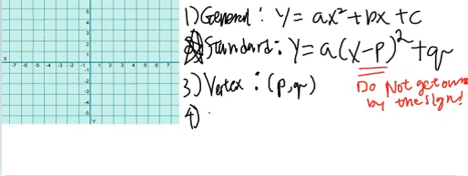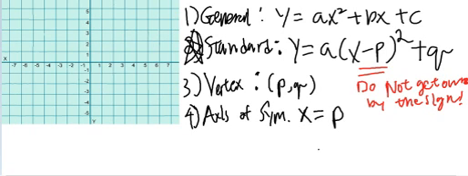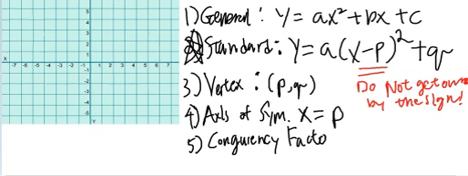Fourth thing you have to remember, there's a thing called the axis of symmetry, which is the line x equals p. Fifth thing you have to remember, there's a thing called the congruency factor, which is a.